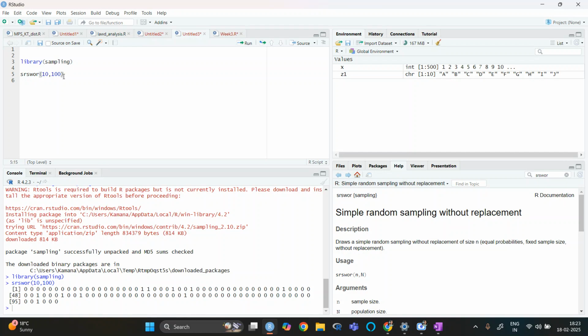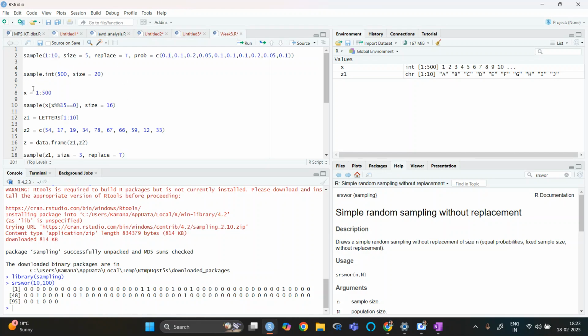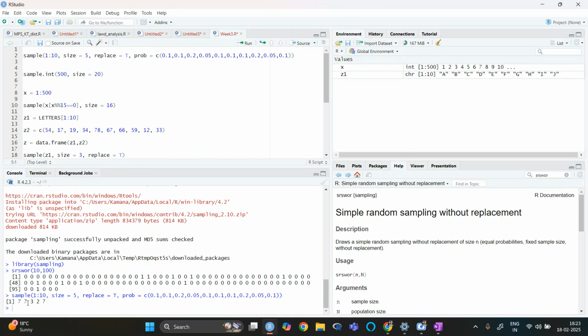No, here it is not required. When I say 1 to 10 and run this, if it chooses 7, 3, and so on, in reality I do not have a sample like 1, 2, 3, 4, 5, 6 up to 10.